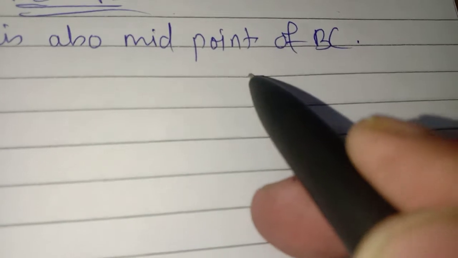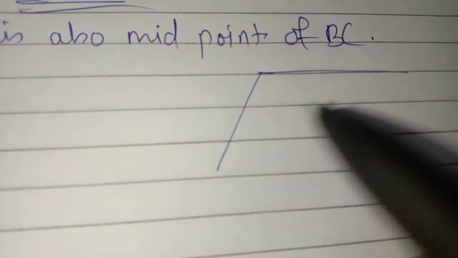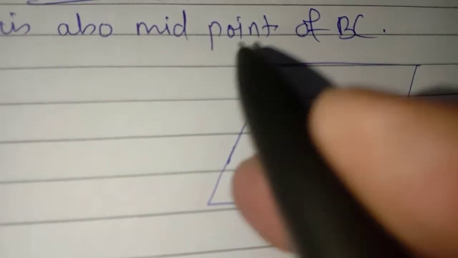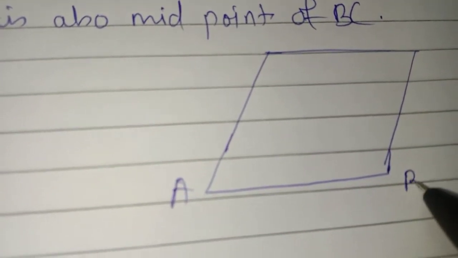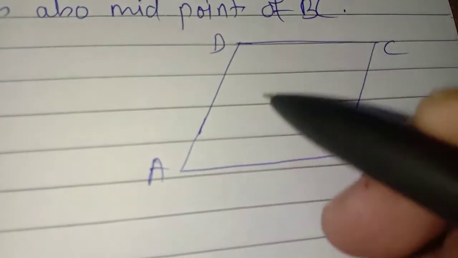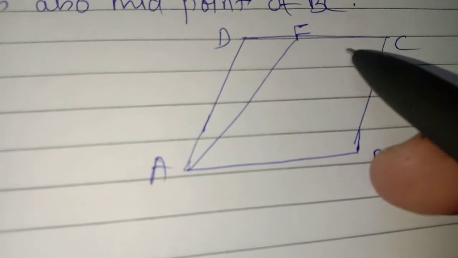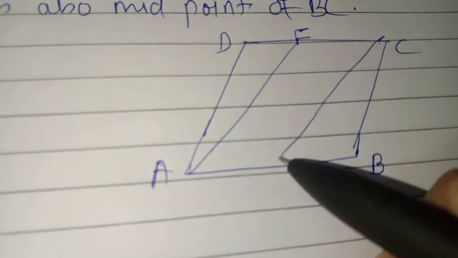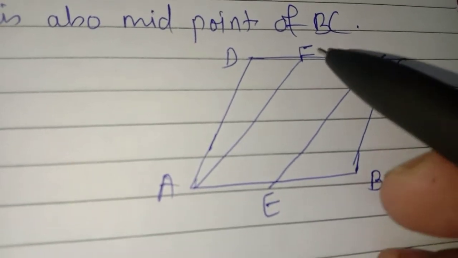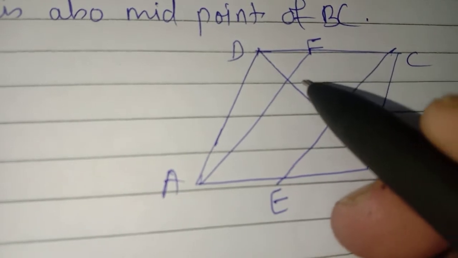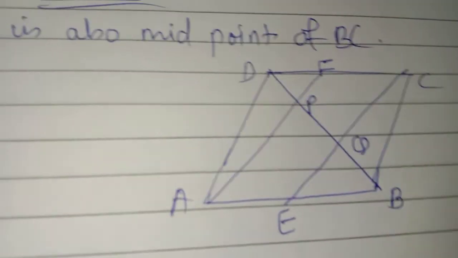Now we'll draw a diagram here for question number 5. This is our diagram. A, B, C, D. F is the midpoint of DC and E is the midpoint of AB, and the diagonal DB is given, which intersects AF at P and EC at Q. Clear?